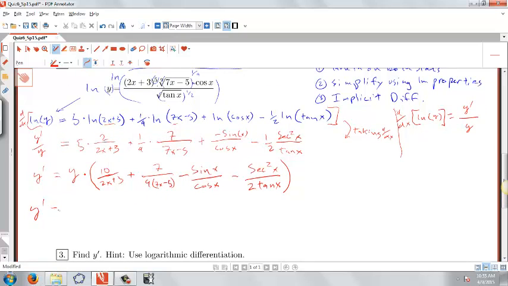y prime is going to equal, remember what y was? It's this whole thing right here. I'm going to write it in blue to make the point.